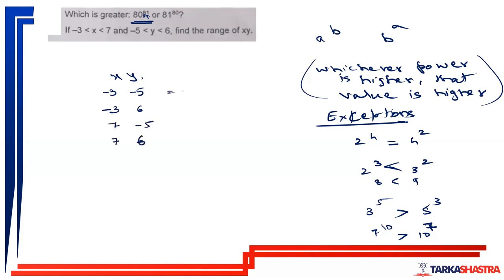So x into y: this is +15, this is -18, this is -35, and this is +42. So simple, the range is -35 to 42, round bracket.